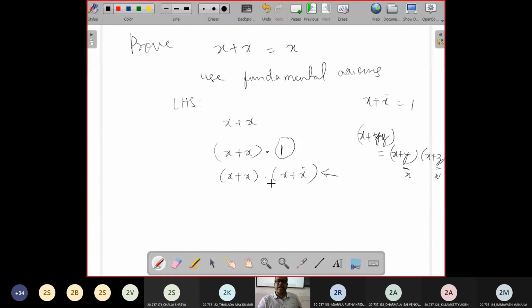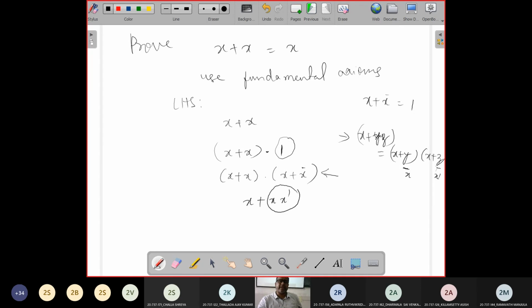Using the distributive property, I can rewrite it as x plus x into x complement.